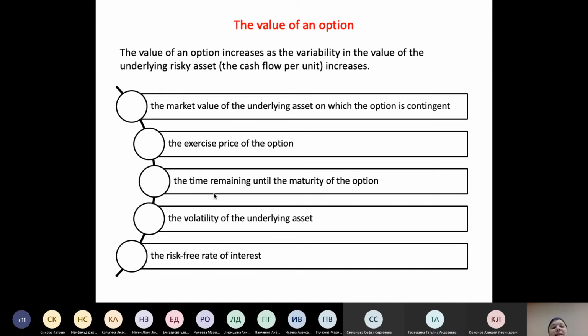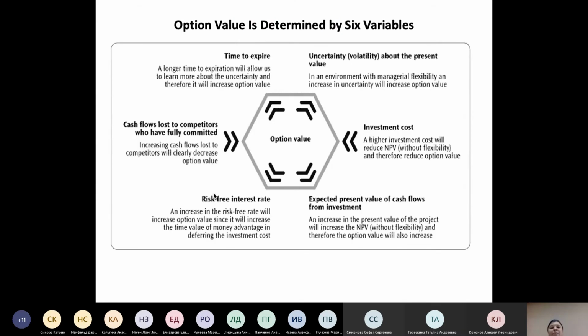The time remaining until the maturity of the option, and the volatility of the underlying asset, and certainly our risk-free rate of interest. Our risk-free rate of interest can be named as alternative investments for our project. We can start an investment project and find our real option in this project, or we can use the alternative investments in a bank, for example, a bank deposit.